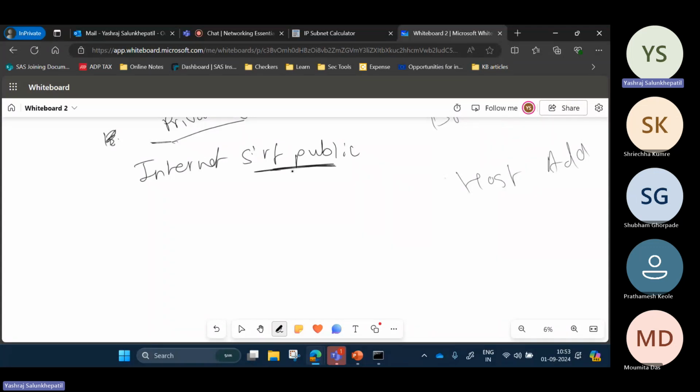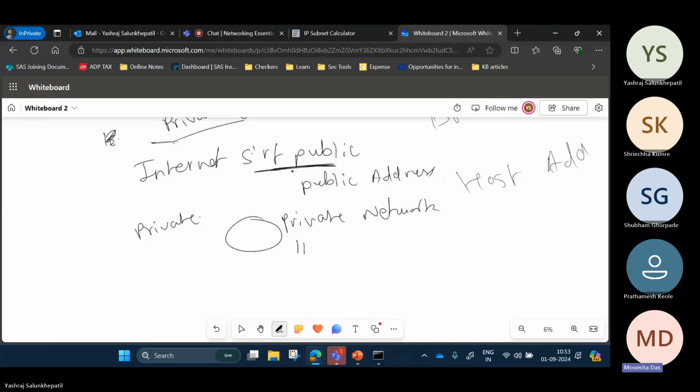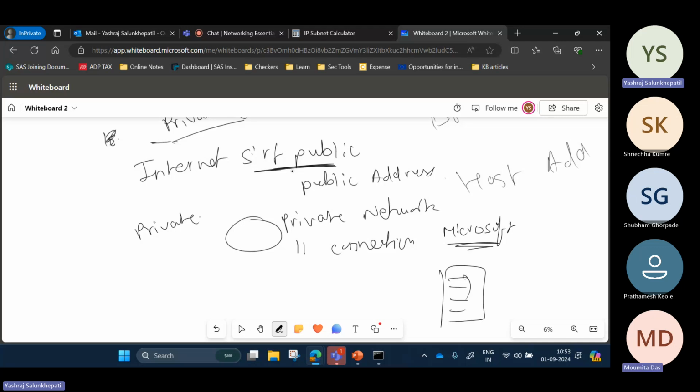All communication is done by public address. ठीक है, प्राइवेट आईपीज are used for private networks or private connections. तो अगर मैं माइक्रोसॉफ्ट का एक एम्प्लॉय हूं, तो माइक्रोसॉफ्ट के अंदर ही अंदर, इस कंपनी बिल्डिंग के अंदर ही अगर मुझे बात करनी होगी, तो I can use private IP addresses.